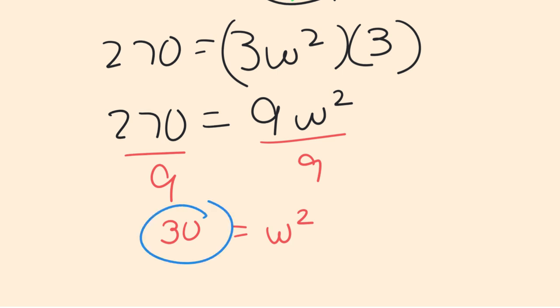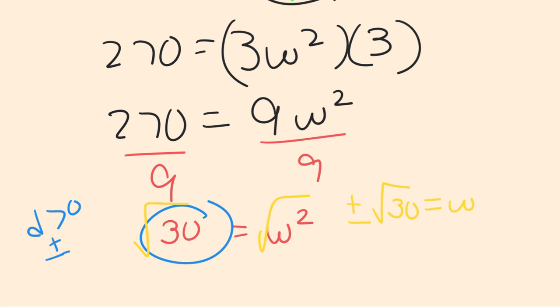We know that 30 is greater than 0, so we're going to have a plus or minus. Once I square root this, I have plus or minus radical of 30 equals W.